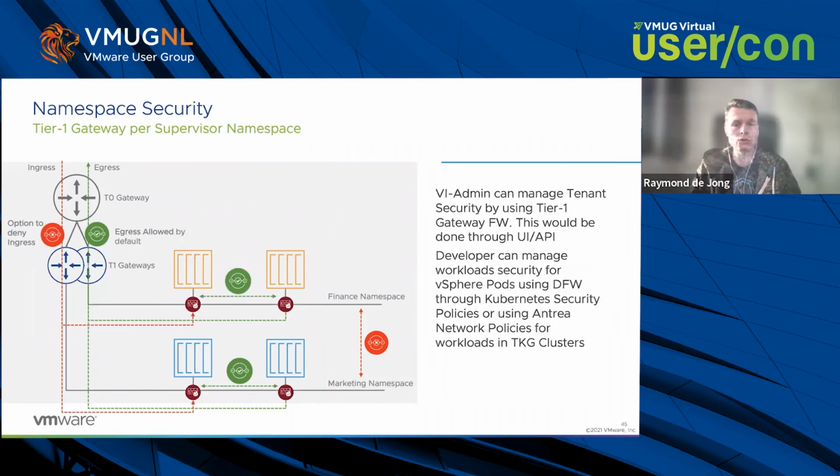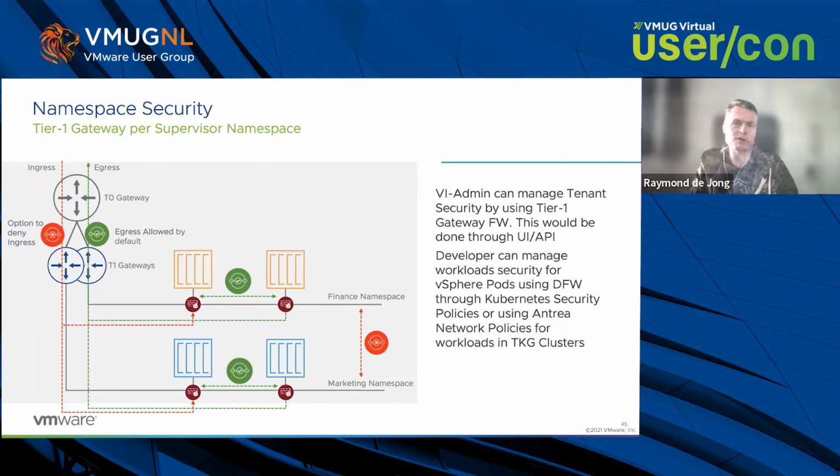So what you can do is, obviously, you can leverage the tier 1 gateway to secure namespace access. Each namespace gets a dedicated tier 1 gateway. Each namespace can have dedicated north-south firewall rules on the distributed firewall or on the tier 1 gateway.